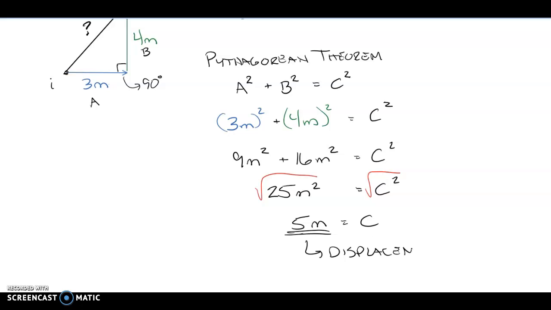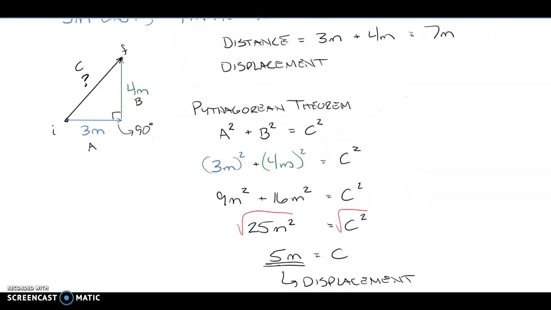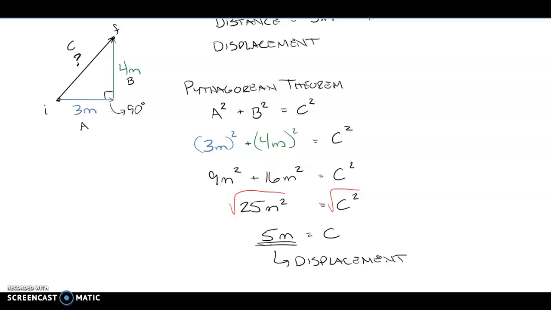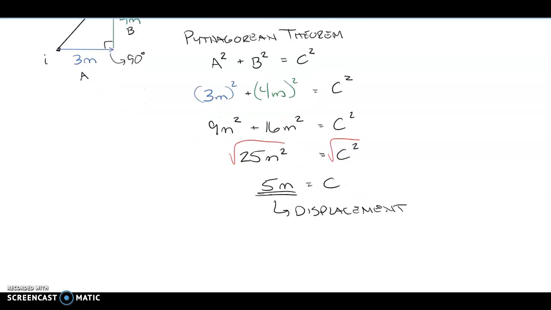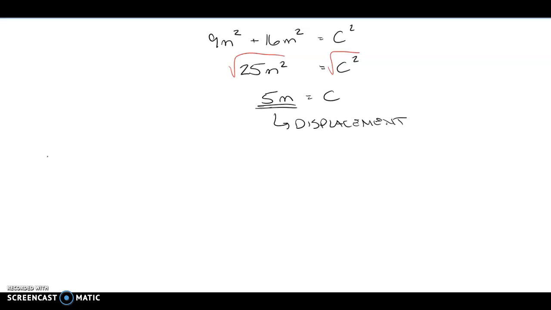So we can use the Pythagorean theorem to figure out what the displacement is if I know the legs of that triangle. So let's take it one step further. What if we go down 4, to the right 6, I'll draw that a little longer, and then we go up 8.